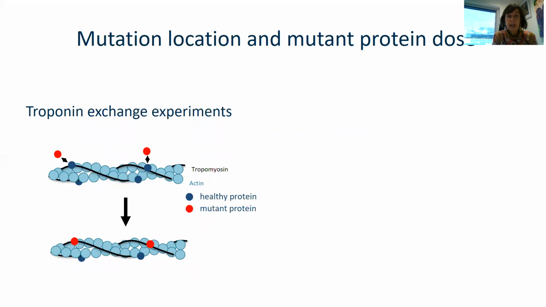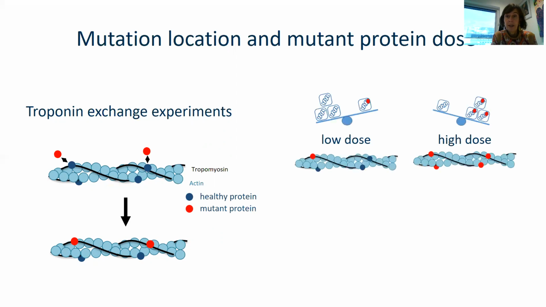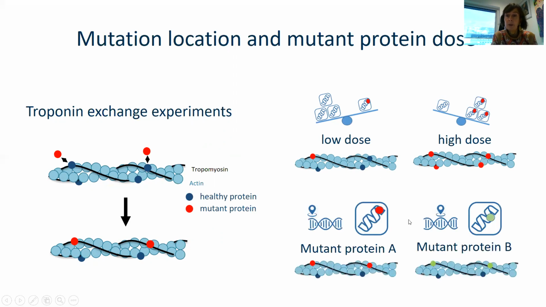Basically, the healthy protein is kicked out, and the mutant protein is entering the cardiac filaments. And you can use different concentrations, so you can mimic a low dose and a high dose using this system, and also compare different mutations. So look at the mutation location and at the level of the mutant protein in the sarcomeres.